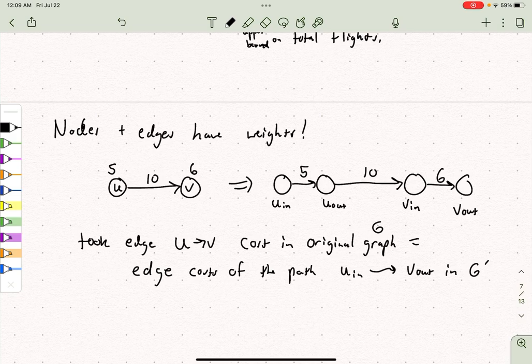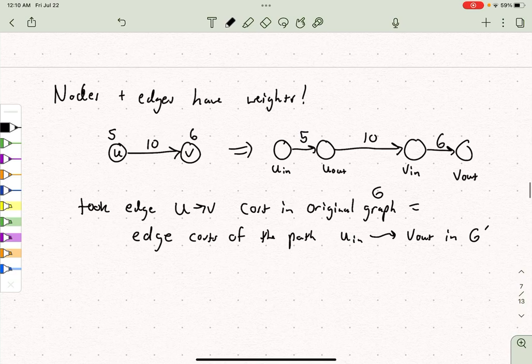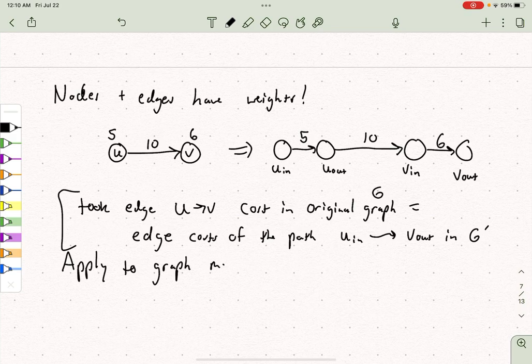So we just take the node weights out and convert them into edge weights. And this preserves the total weights. So this means there's no difference. So now if we apply this to the graph we constructed before, then we're done.